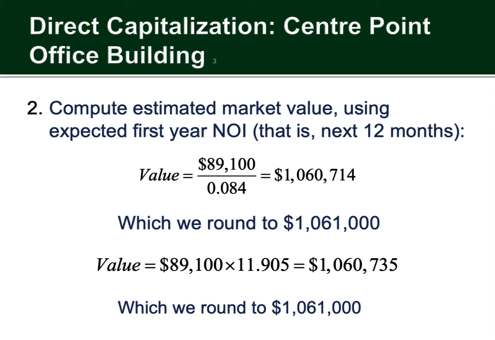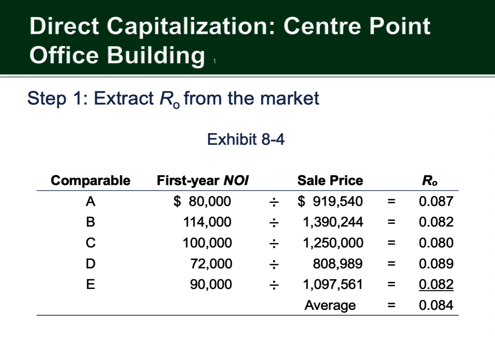And another way to think about why this is working and why it's okay to stop at this point is to take a look at our estimate of value again, this 1.060 million here. Investors for this property type in this market, if they buy a property, we found that mostly they're getting a yield of 8.4% when they buy, based on our comps here.